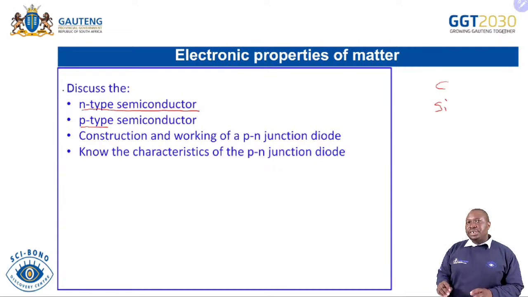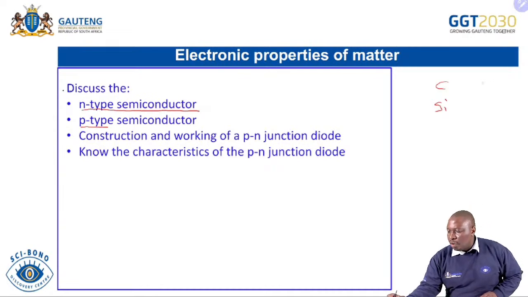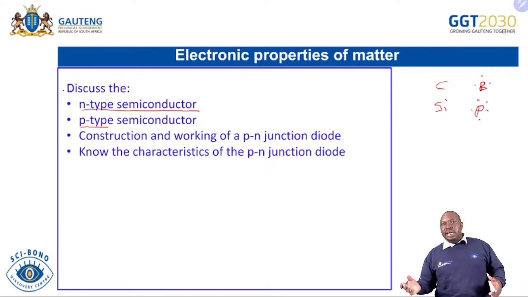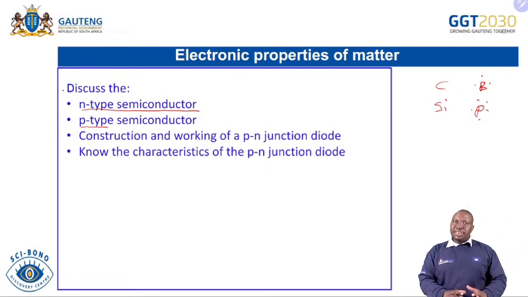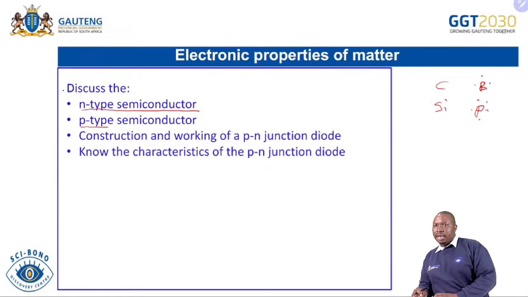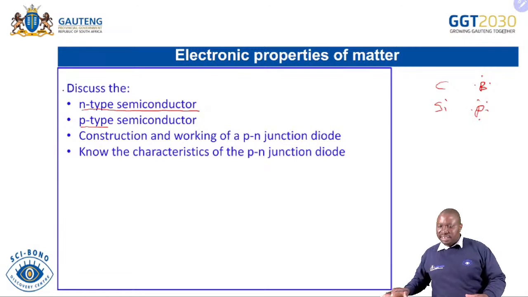But the introduction of the trivalent boron or the pentavalent phosphorus brings extrinsic. So from intrinsic, now we have an admixture, a mixture of the pure one and the impure one. Then we talk of extrinsic.